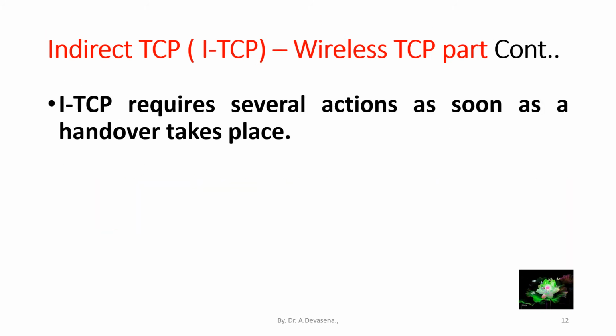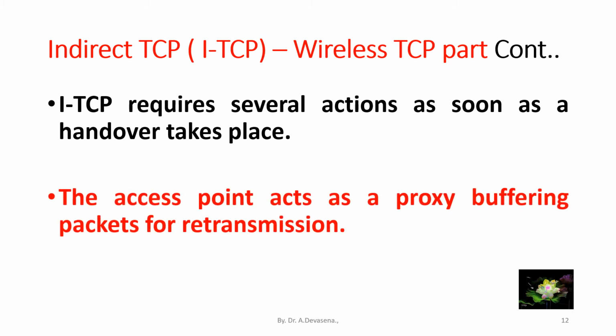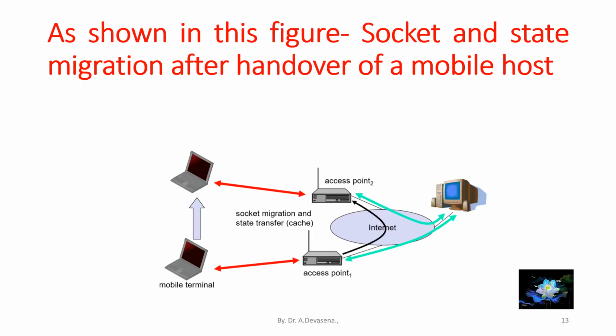I-TCP requires several actions as soon as a handover takes place. The access point acts as a proxy buffering packets for retransmission. As shown in this figure, socket and state migration after handover of the mobile host.